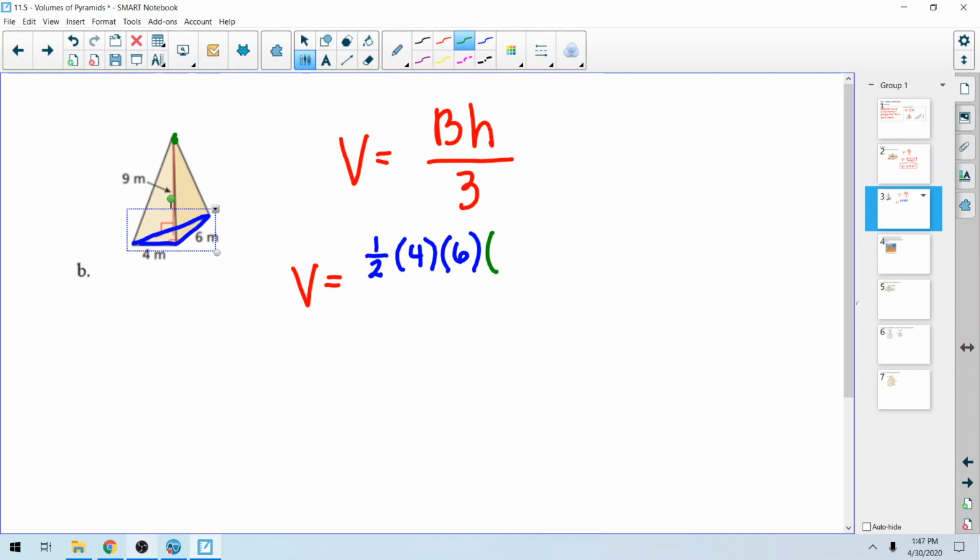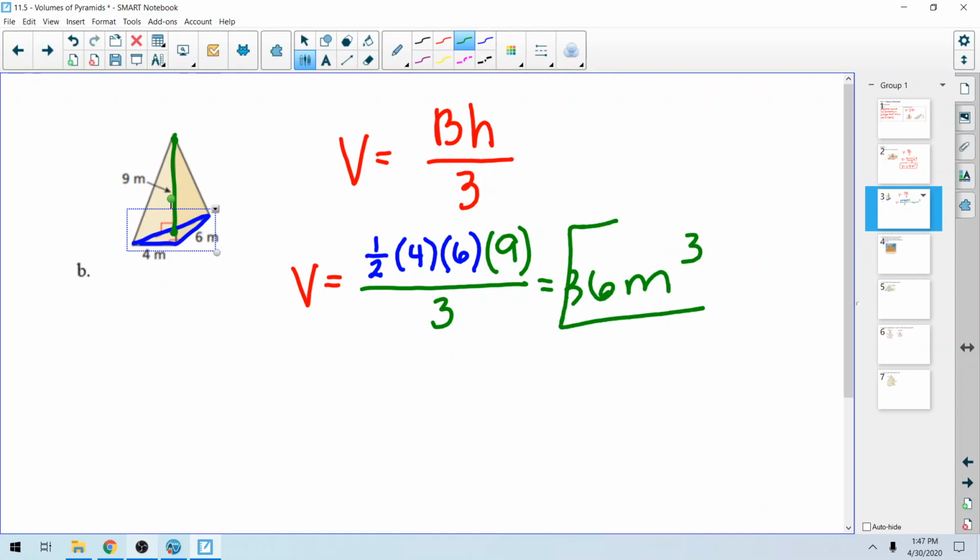Well, the height of the whole pyramid is 9, and then because it's a pyramid, we divide it by 3. So I'm going to type in my calculator 1/2 times 4 times 6 times 9. I'm going to hit enter. That's 108. And then I'm going to divide by 3, and I'm getting 36 meters cubed.